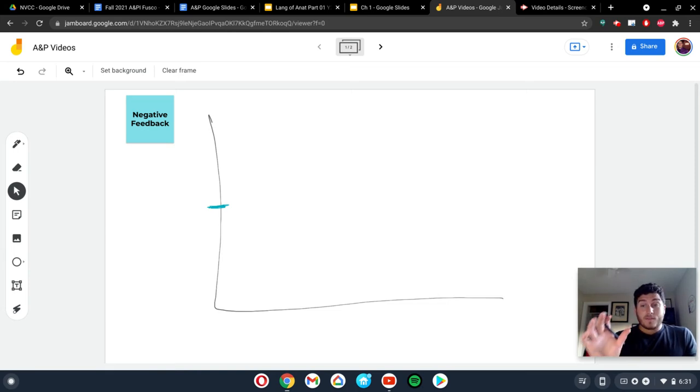A negative feedback loop is when, let's say, your body increases too high. Your body's going to do something to bring it back to normal. As mentioned, let's say body temperature. If it gets too high, your body will do things like sweat, right? It'll dilate your blood vessels, right?